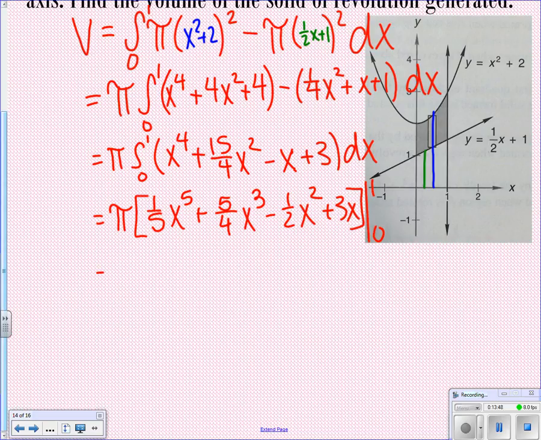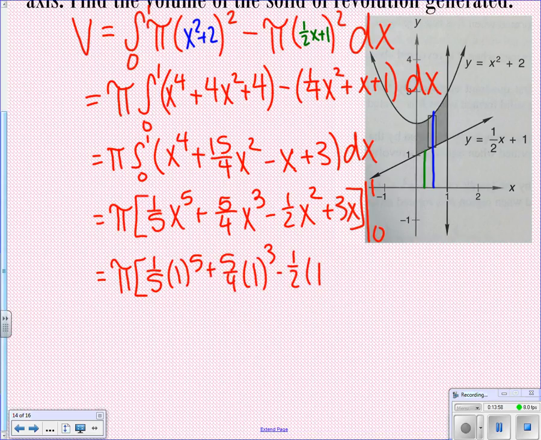So now we plug in. You plug in a 1. You'll have that, and then when you plug in a 0, you'll get a 0. And so now we're just going to simplify.